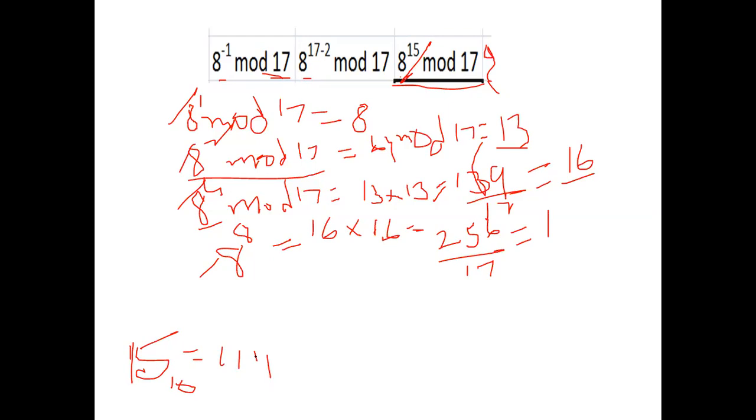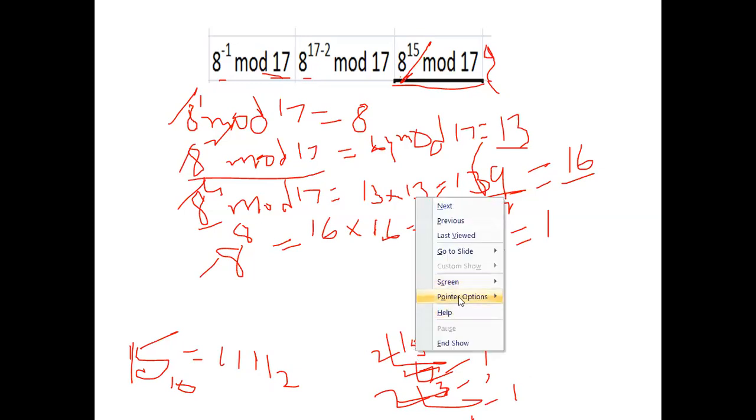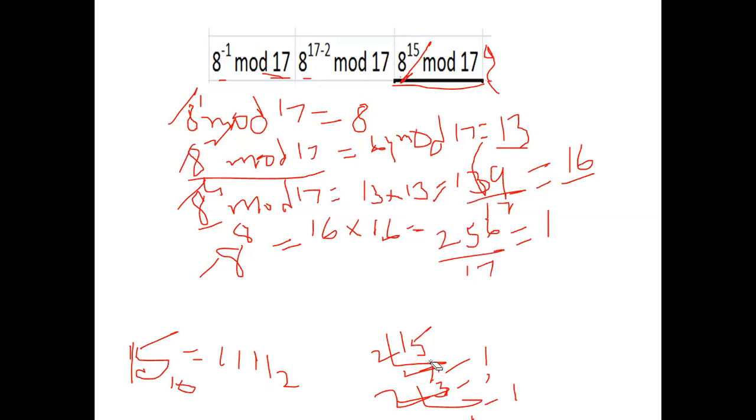How to get this one? 15: 2 7s are 14, 1 remainder; 2 3s are 6, 1 remainder; 2 1s are 2, 1 remainder. So 4 ones is the 15. That's why the binary equivalent of 15 is 1 1 1 1.